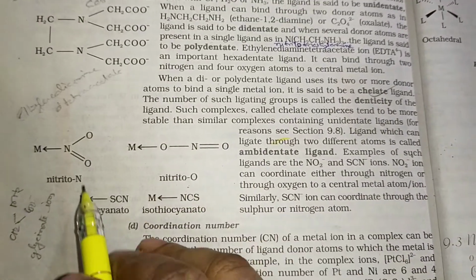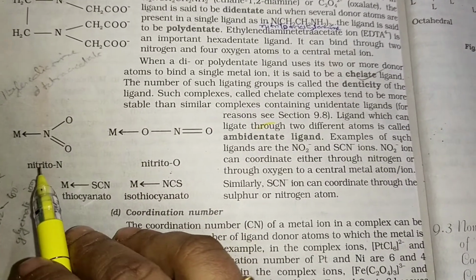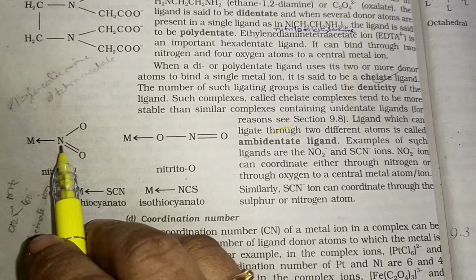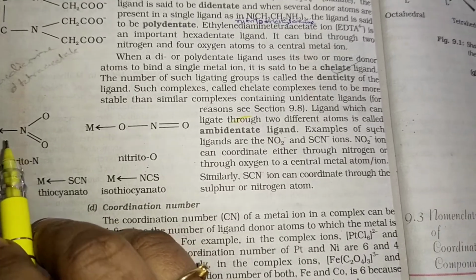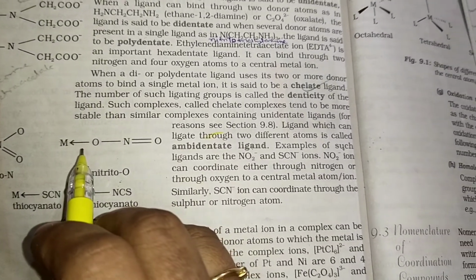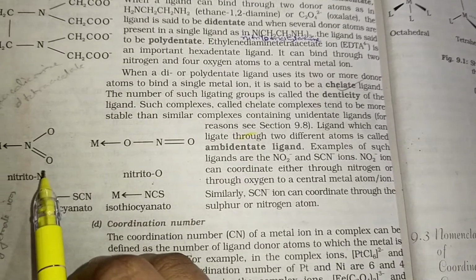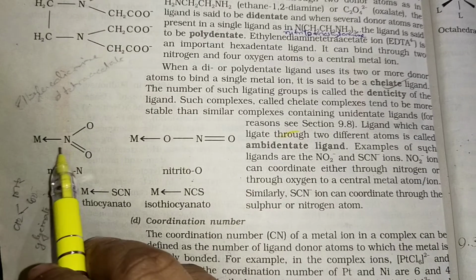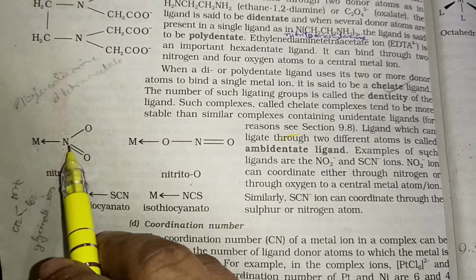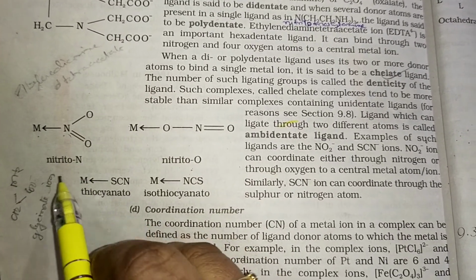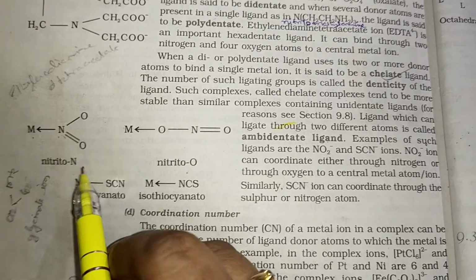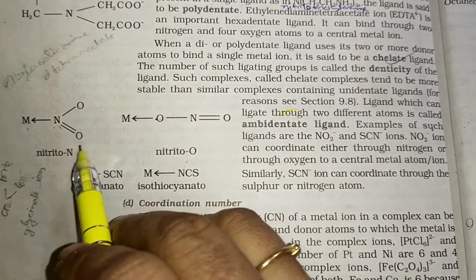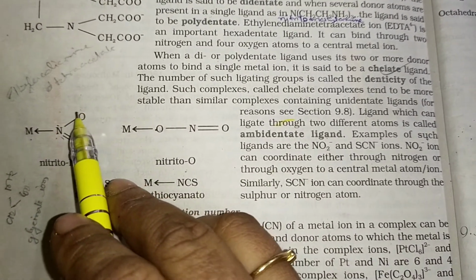For example, you can see here nitrito-O and nitrito-N. In the case of NO2, when the group is ligating with the central metal atom through nitrogen, the name will be nitrito-N. Both nitrogen and oxygen can donate electrons.